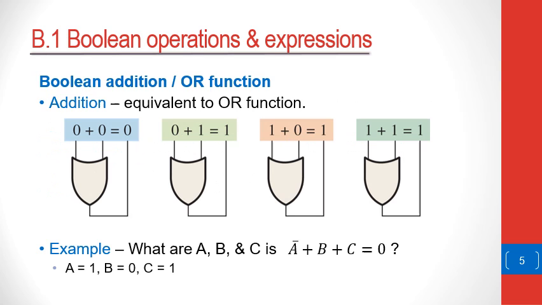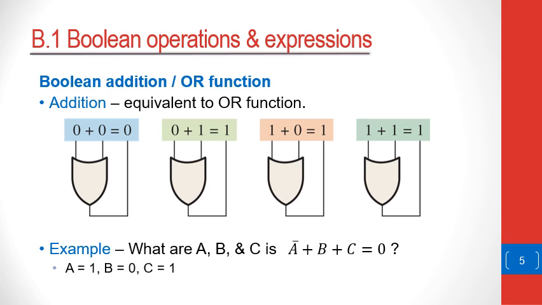You would have realized from the previous lecture, where we explained the function of a logic gate, that Boolean addition behaves like an OR function. So it's equivalent to an OR function. What this means is that if you see a Boolean expression 0 plus 0, then the result is going to be 0.